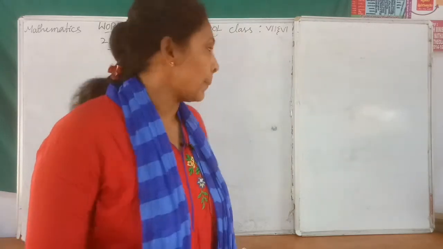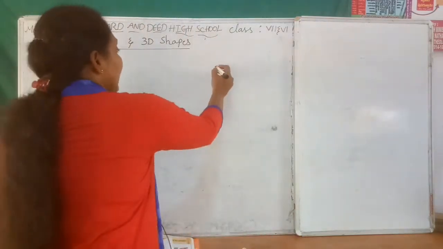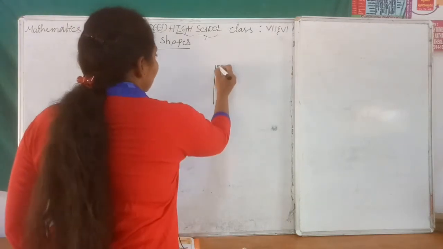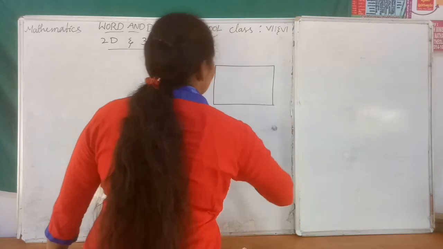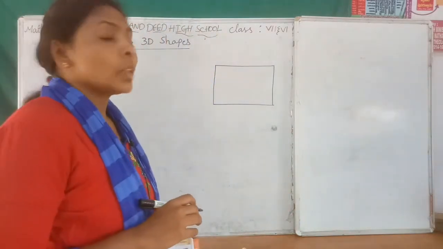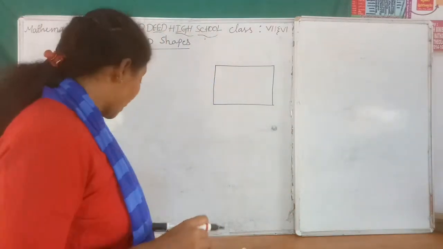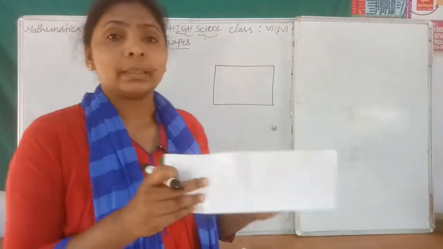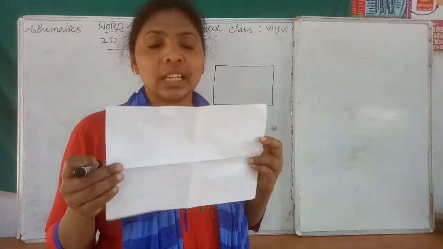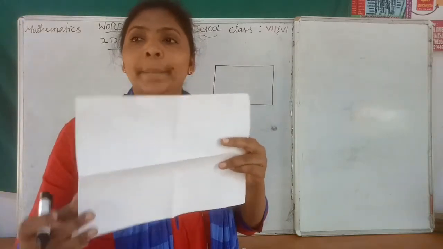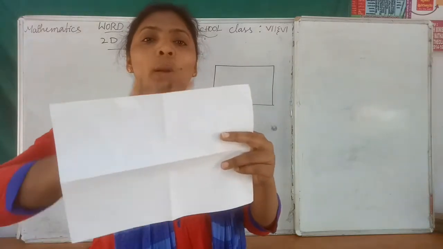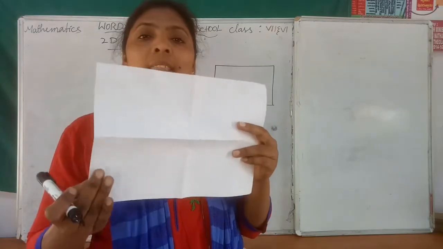Suppose a rectangle. It has only 2 dimensions, children. Suppose this is the paper. It is the rectangle picture now, children. See, it has only length and breadth.